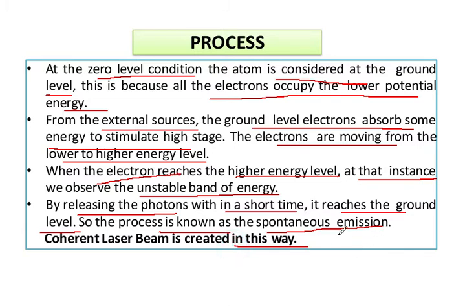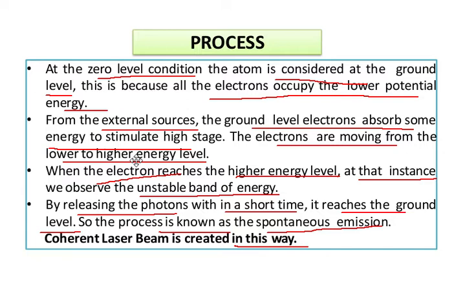Again, I am repeating how the coherent laser beam is created. If I consider the process from the zero level condition, the first thing is that the atom is considered at the ground level, because the electron occupies the lower potential energy. From the external sources, the ground level electron absorbs some energy to get into a high stage, moving from the lower to a higher energy level.